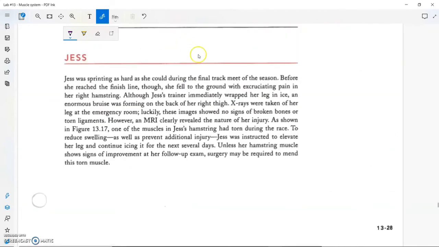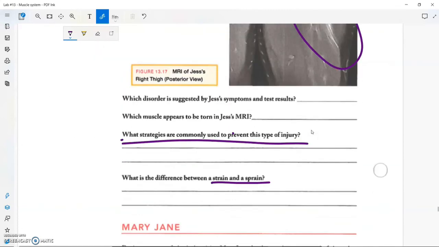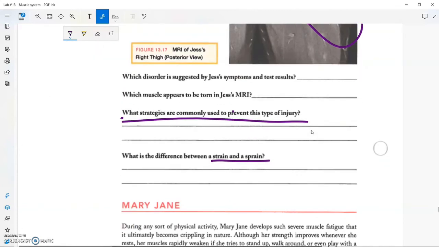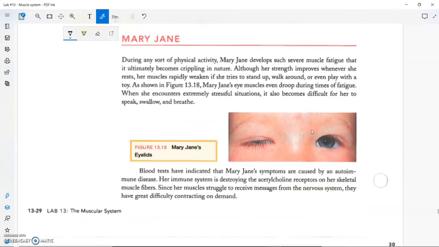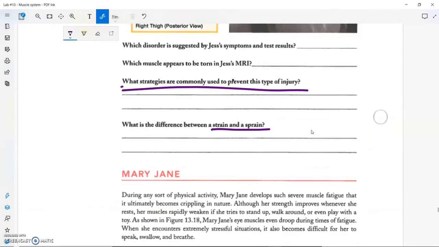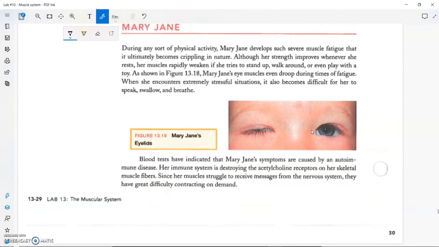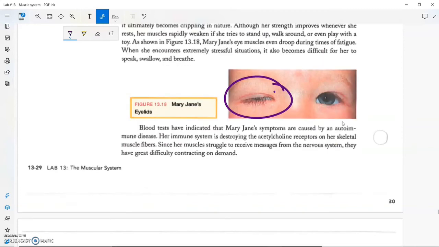Difference between the strain and the sprain. So a sprained muscle is basically broken. Strained, it's just a bit overexerted. It's not completely torn. Autoimmune disease that Mary Jane has, it's called drooping eyelid, called ptosis.